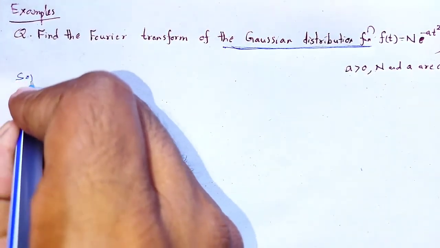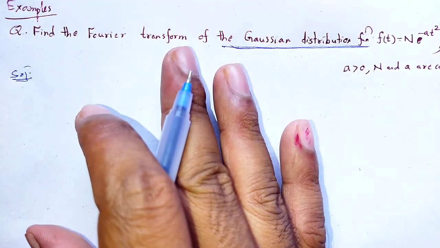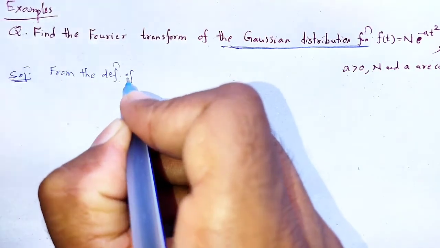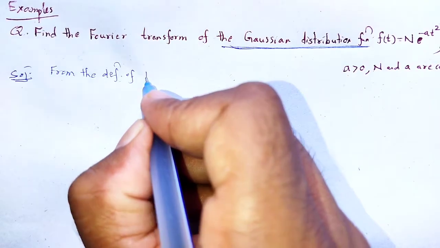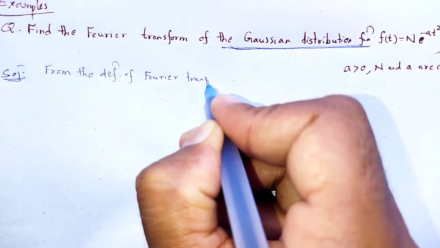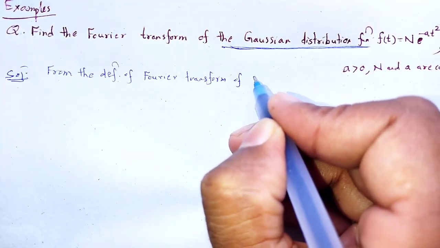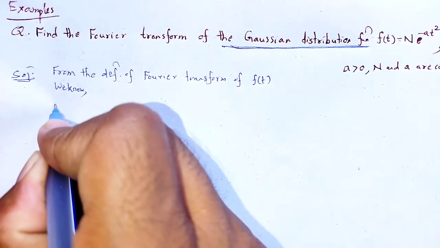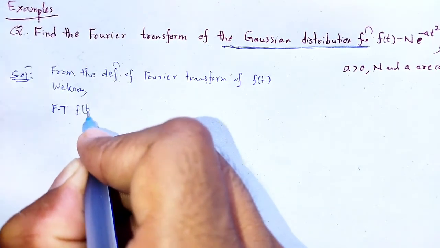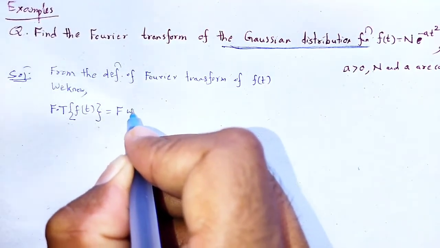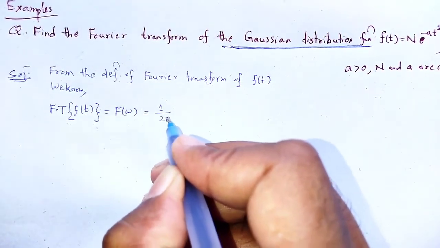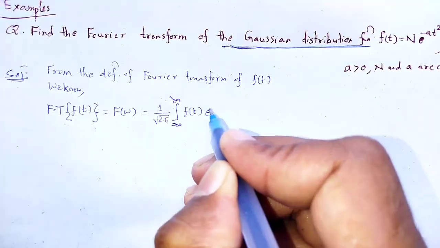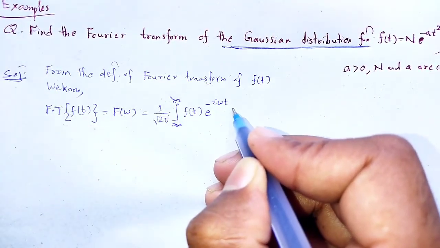The solution: from the definition of Fourier transform of function f of t, we know Fourier transform of f of t, which is equal to f of omega, that is equal to 1 by under root of 2 pi integration from minus infinity to plus infinity the function f of t e to the power minus I omega t dt.